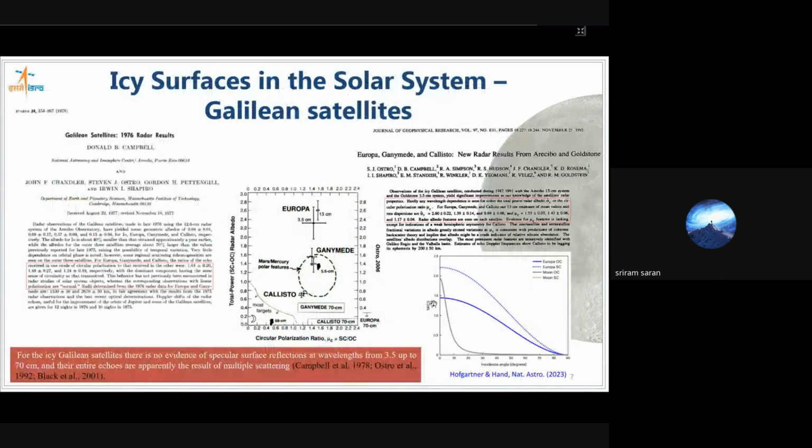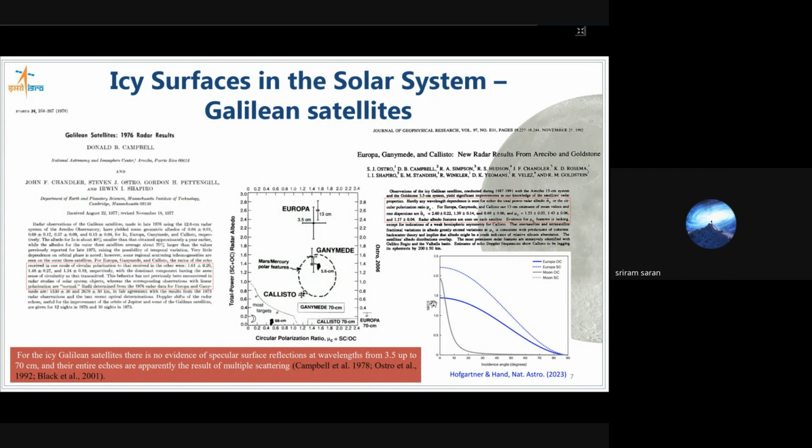So a little bit of context here, that ice is not only detected or being pursued on the lunar poles, but we have a very rich background of such radar observations from other icy surfaces in the solar system, that is the Galilean satellites.